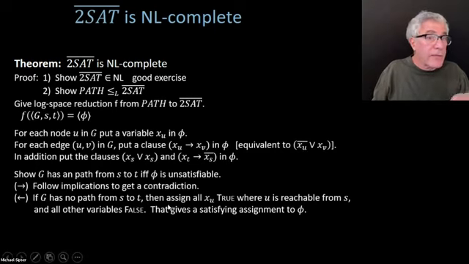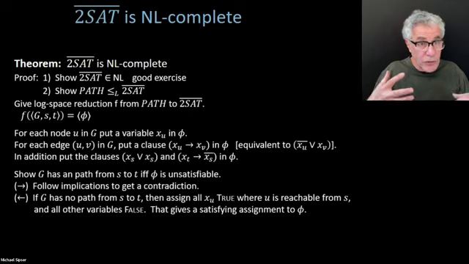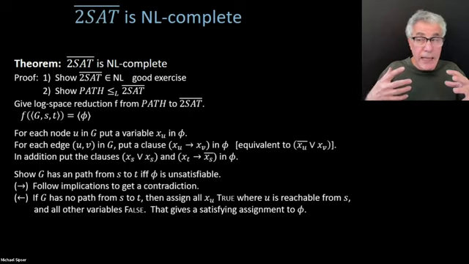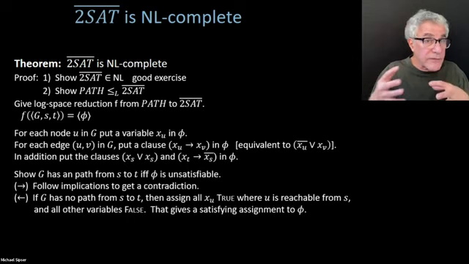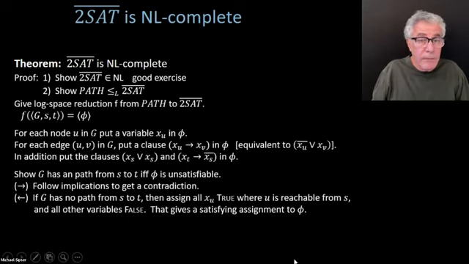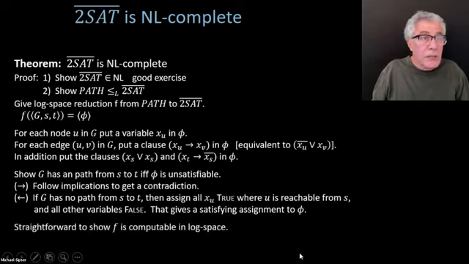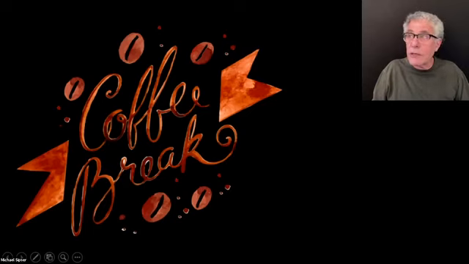But if there is no path, there is a way of assigning the variables true and false to make a satisfying assignment to the formula. So that gives the other direction. And you can show it's computable in log space. That's very simple because it's a very simple transformation. Okay, so I think we're going to move on to the break.